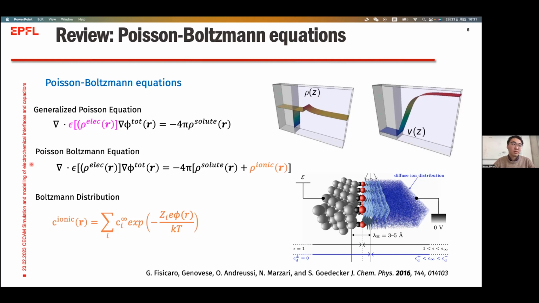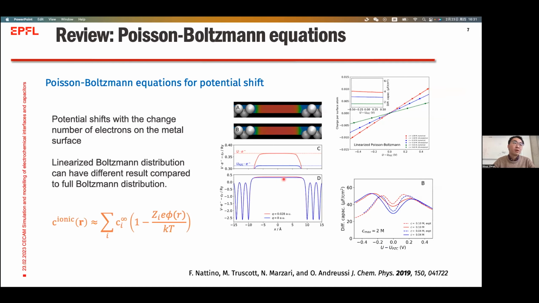By using this Poisson-Boltzmann equation, we can change the charge of the solid surface, and the electrochemical potential can also change with respect to the charge on the surface.